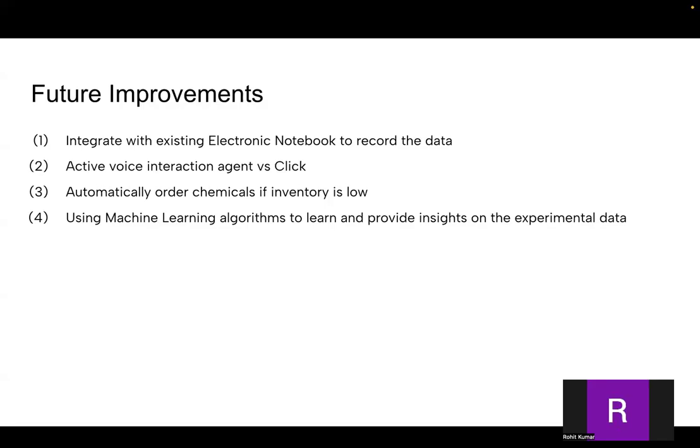And lastly, let's say we run multiple experiments. You might even add some data science and machine learning algorithms to learn from those results and gather insights. In the other video, we have the demo done by Shri.